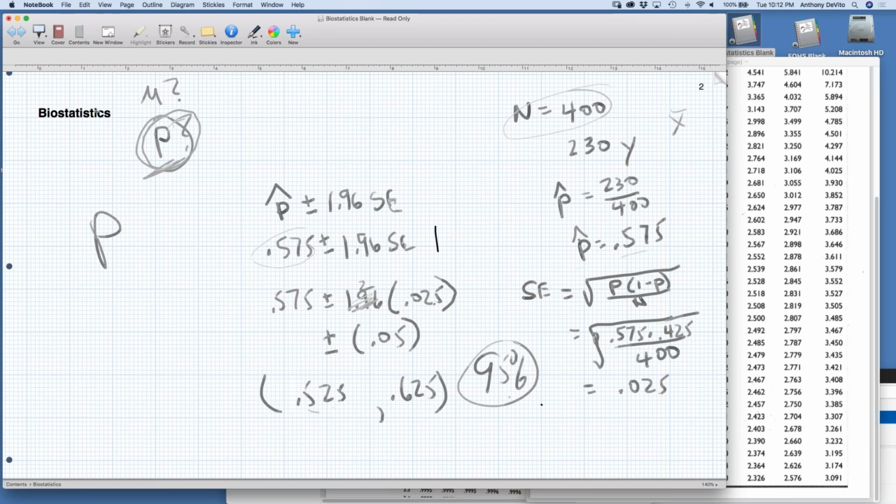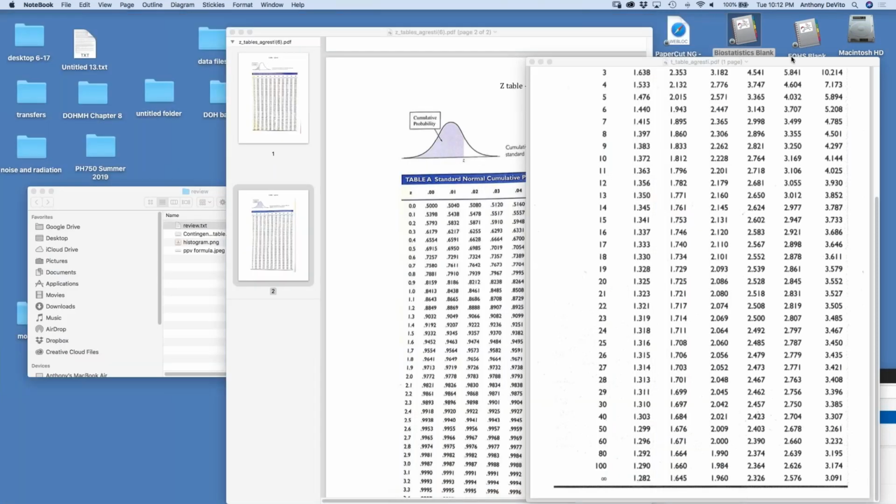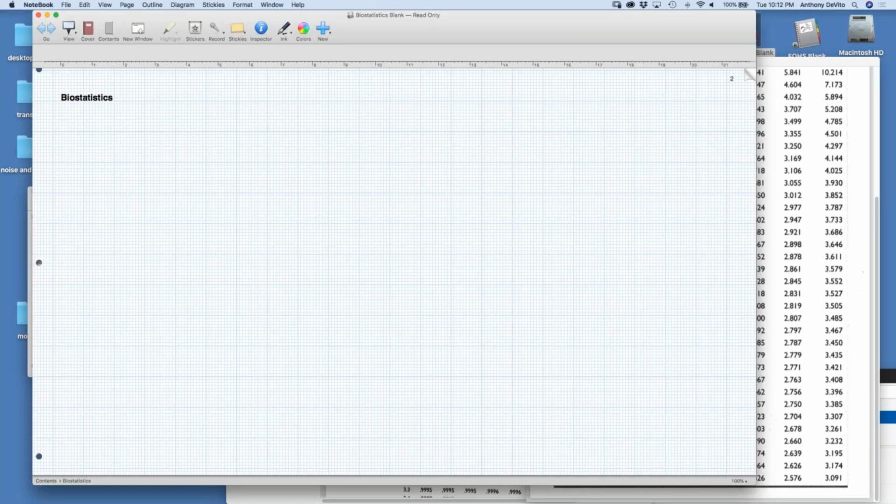Okay, I'm going to do one more thing now. I'm going to talk about the binomial distribution. So let's do a simple question on the binomial distribution.